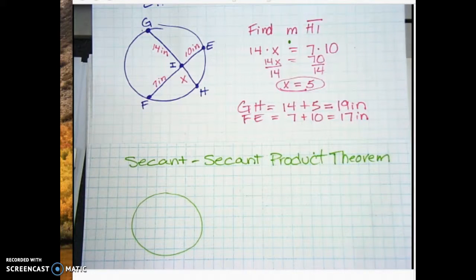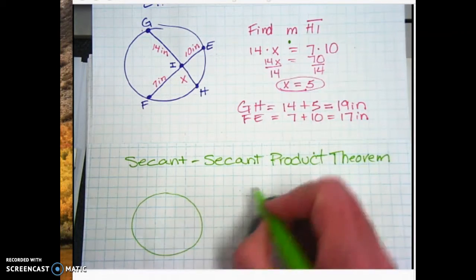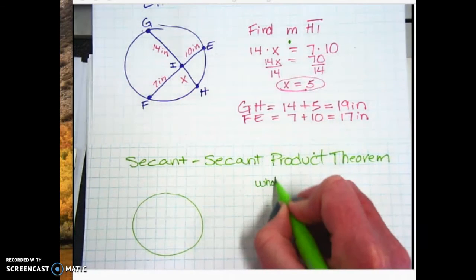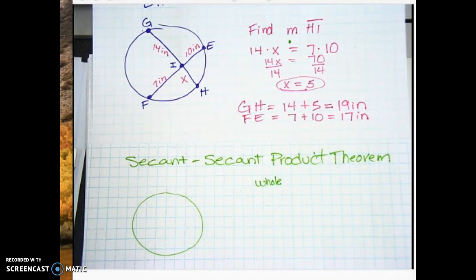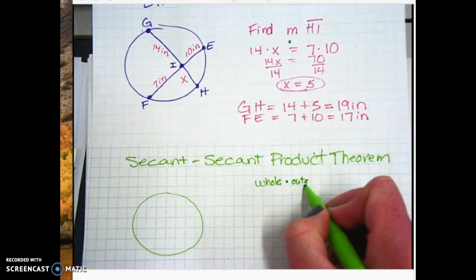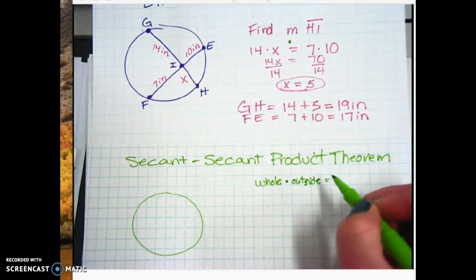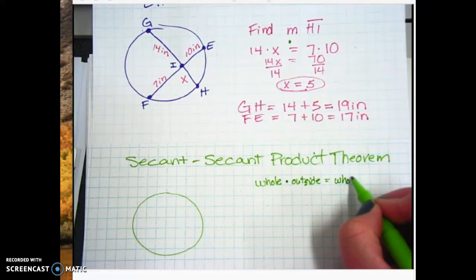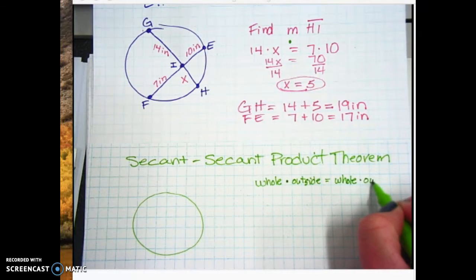So, in short, it's the whole length of the secant times the outside, which you'll see in just a second, is going to be equal to the whole of the other secant times the outside.